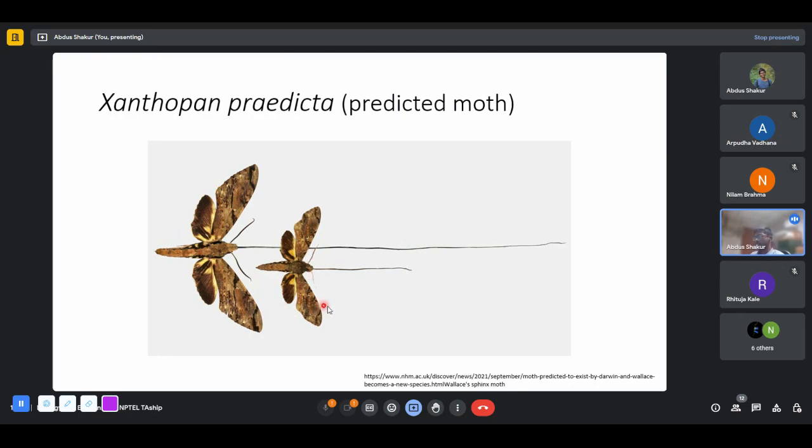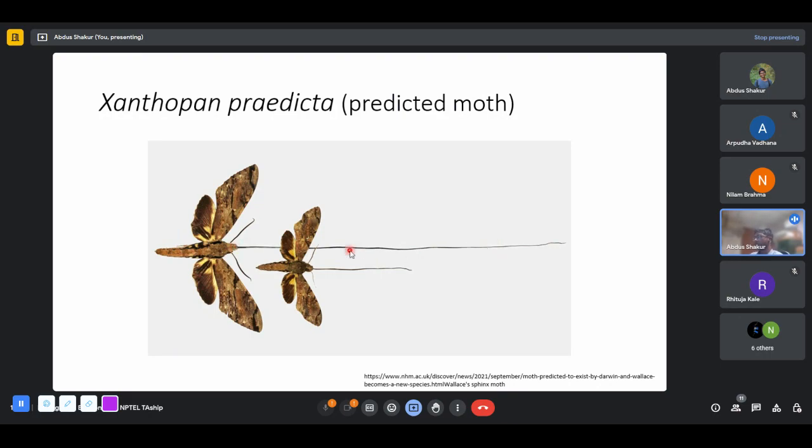And for instance, this is how a normal hawk moth looks, and this is how the length of the proboscis looks. Basically, it's a tongue for moths and butterflies. See how long the proboscis of that specific moth is.